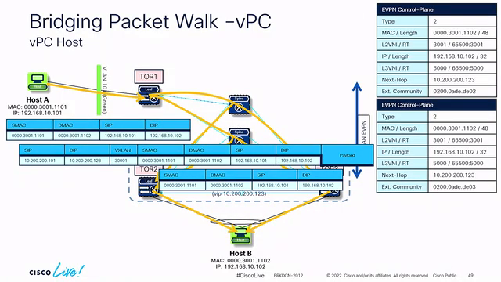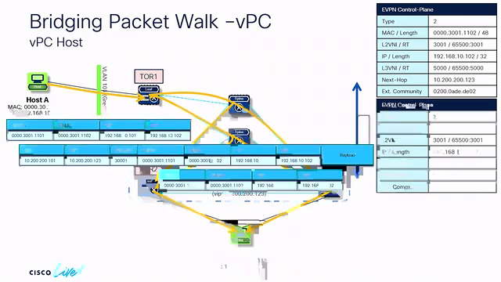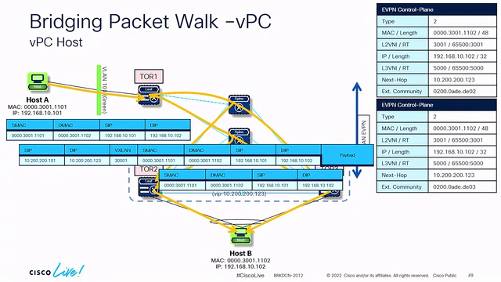Because we do bridging, we do layer 2 VNI, and our MAC addresses are the same. Because we are not routing, we use host MAC addresses to forward this traffic. And then we use the source IP and destination IP of the host. Once the packet is encapsulated, we basically forward the same packet over here.